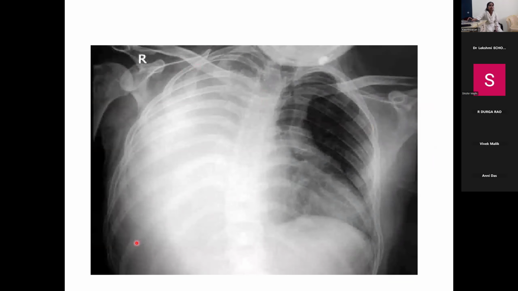And this is a large pleural effusion. It is almost shifting the trachea towards the opposite side. So in some cases of pleural effusion, you will get a very large effusion like this. But always, when you get a very large effusion like this, never forget about the trachea. Always see whether the trachea is shifted to the opposite side. Why? Because sometimes there can be an effusion present and still the trachea will be central or shifted to the same side.